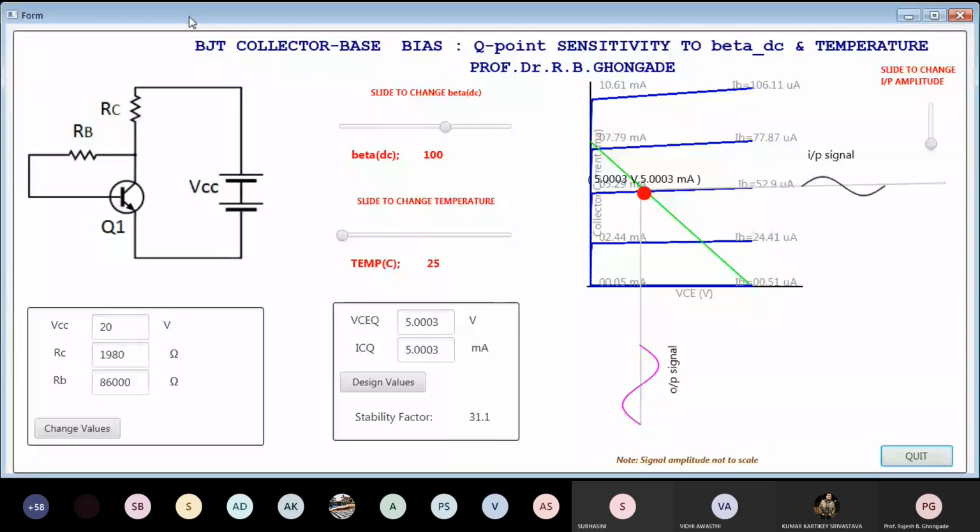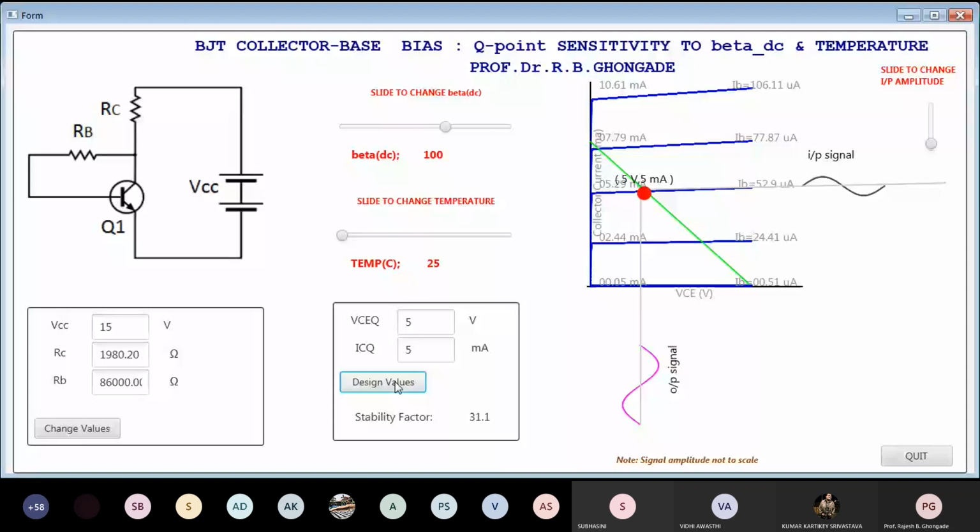Yes, sir. Okay, so we will stick to our original values. This is 15 volts, and VCQ required was 5 volts, 5 milliamperes. So these are the design values that we got. Do they correlate? Look at your calculations.